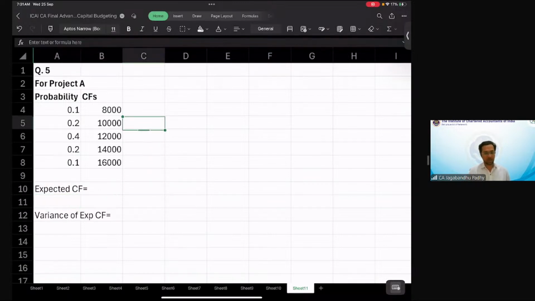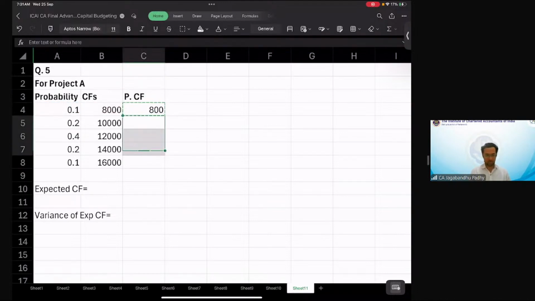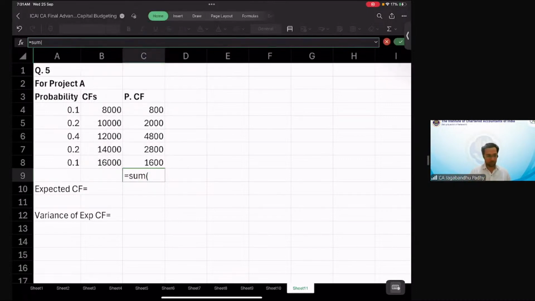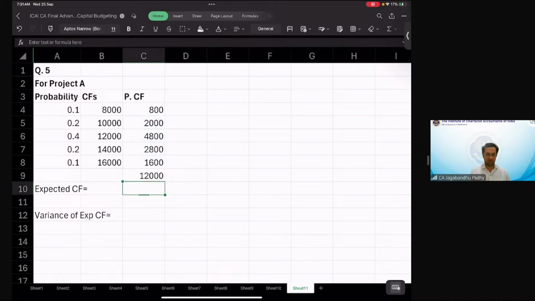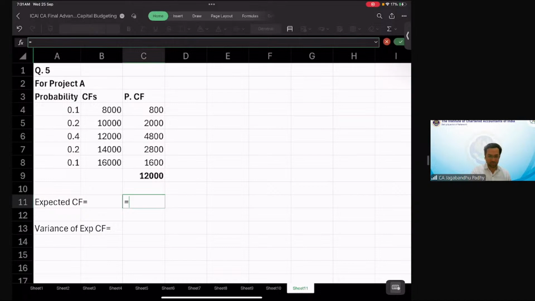Expected cash flow will be simply obtained as probability multiplied by cash flow, and then we take a summation of it. So summation of probability into cash flows, that's 12,000. That's the expected cash flow that we have already got, guys.